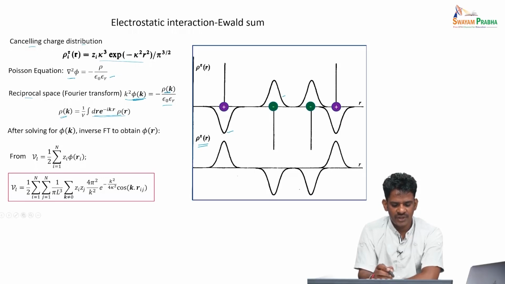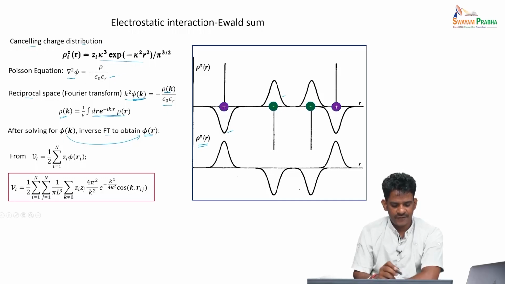So, to do this, you substitute for rho of r here and then multiply with e power minus i k dot r and then integrate over dr. When you do that, you can solve for the charge distribution in the reciprocal space. That can be substituted here to get the potential in the Fourier space, and then we can do an inverse Fourier transform to get phi of r from phi of k.